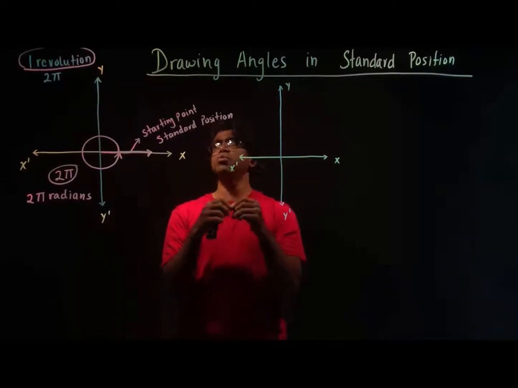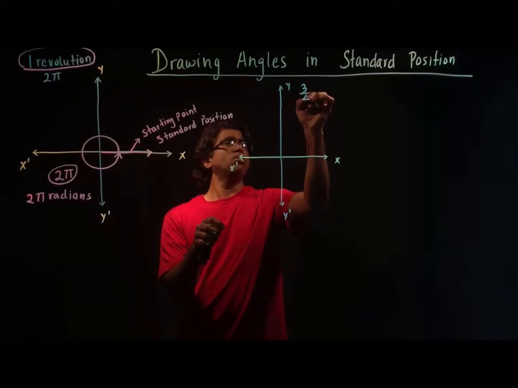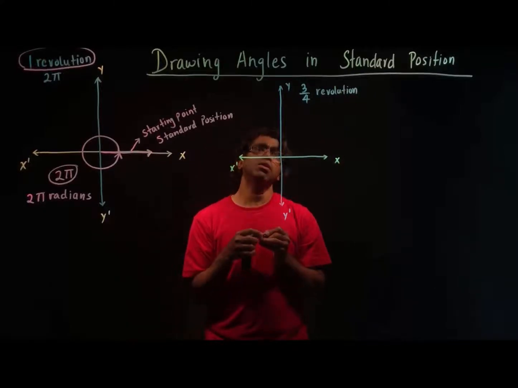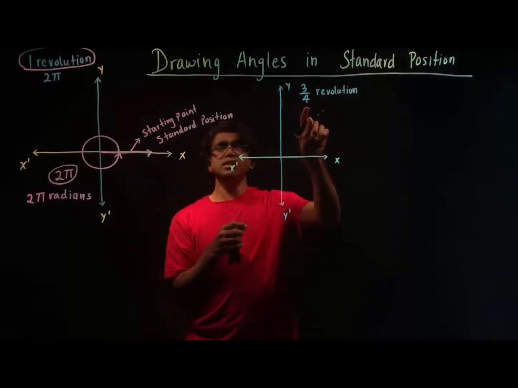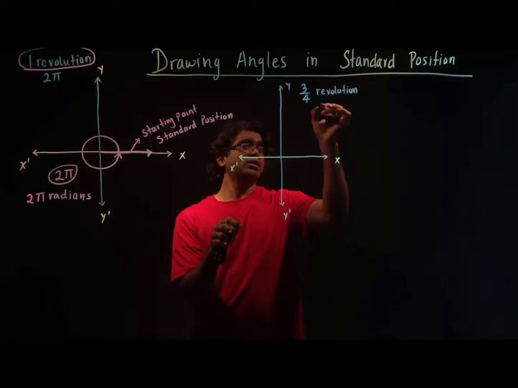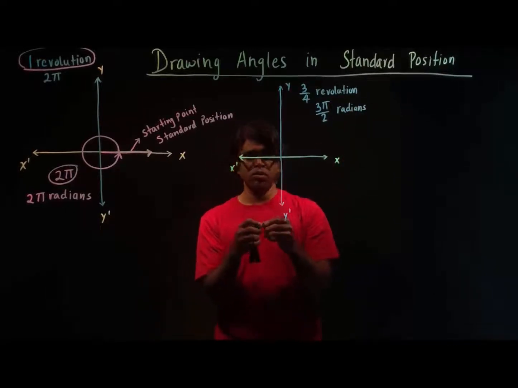This time I'm considering 3/4 revolution. And when we consider 3/4 revolution, the angle subtended at the center would be 3 pi over 2 radian.